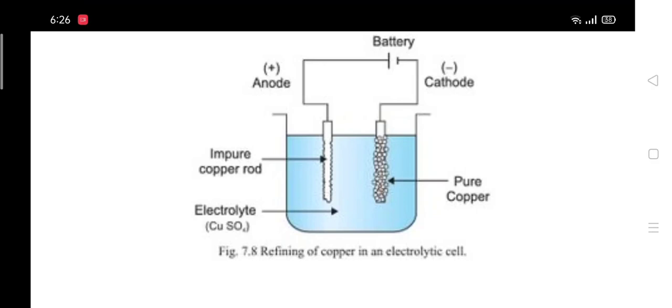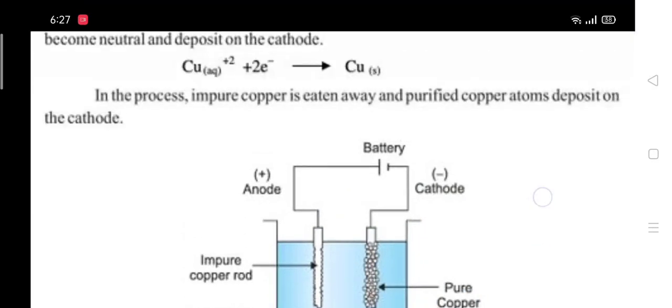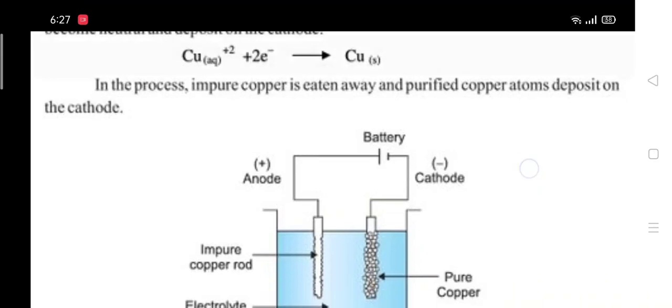When we dip both electrodes, anode and cathode, into the copper sulfate solution, and when we apply electricity and electrolysis takes place, the impure copper rod will start to dissolve, and copper will convert into cupric ions and migrate towards the cathode, which already has pure copper, and the cations migrate towards the pure copper cathode, where they accept electrons and deposit on the pure copper electrode, and the impurities in the copper rod will be left behind in the solution, and purified copper atoms deposit on the cathode.